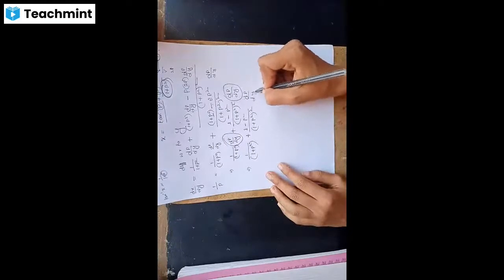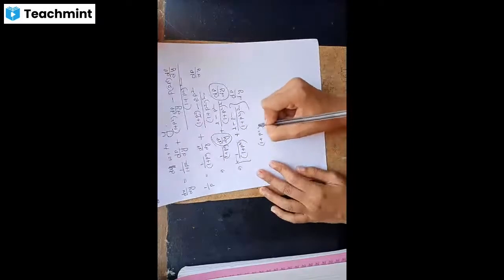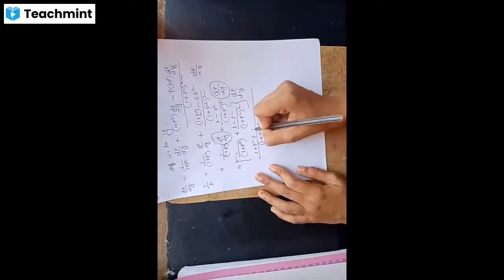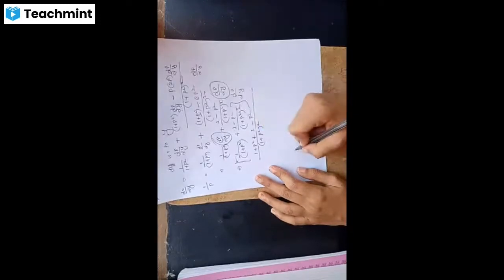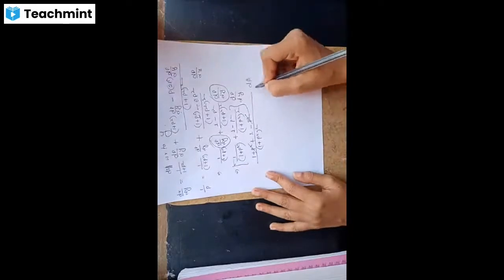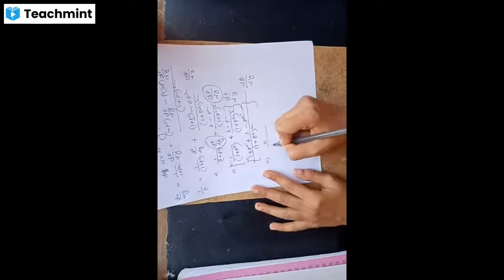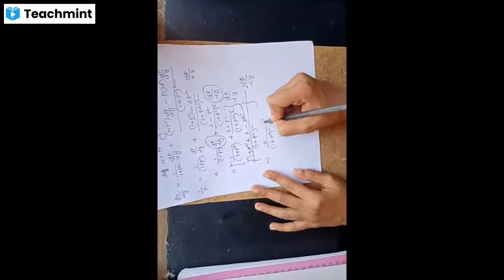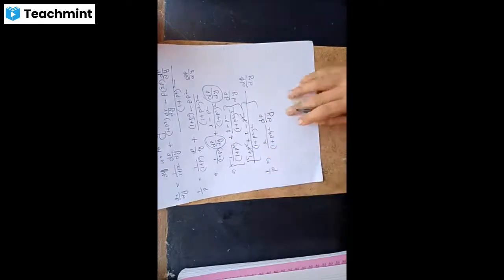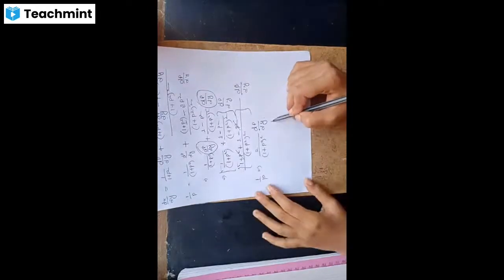Take 1 plus p square whole square as the LCM: 1 plus p square plus 1 minus p square, so p square minus p square cancels. Remaining is 2 divided by 1 plus p square whole square into dp by dy. So 1 by p is equal to 2 divided by 1 plus p square whole square into dp by dy.